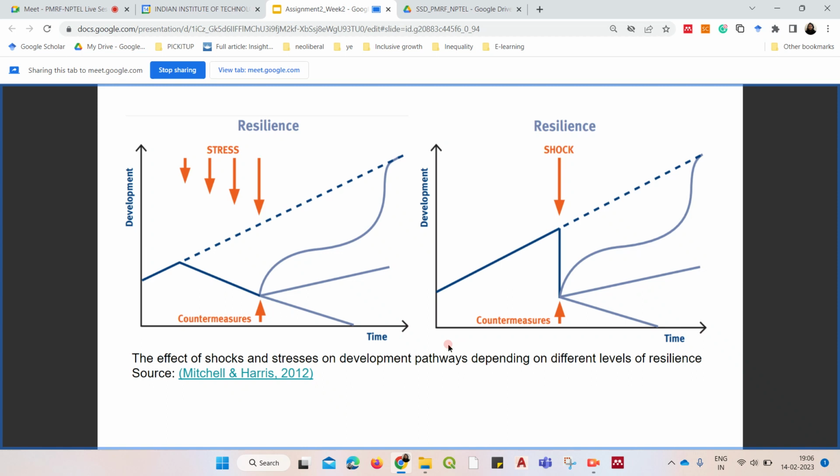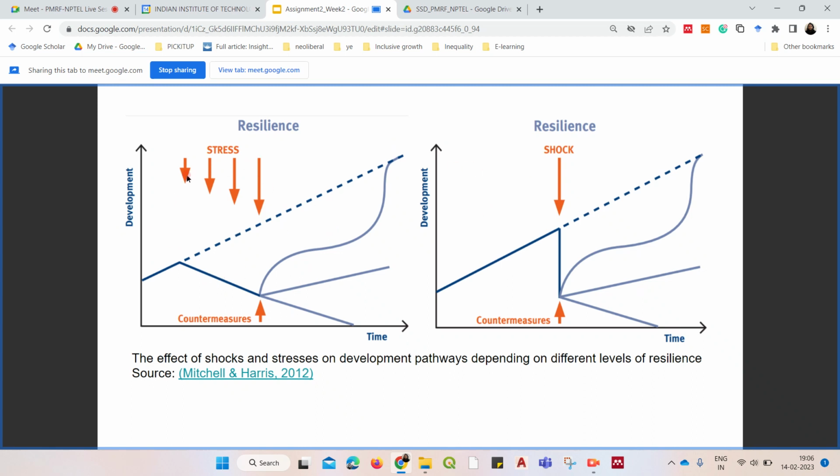Then, as I mentioned, the disturbance can be a sudden shock as well as a gradual stress. So this is an example of how development activities can be affected by some sort of stresses or shocks.